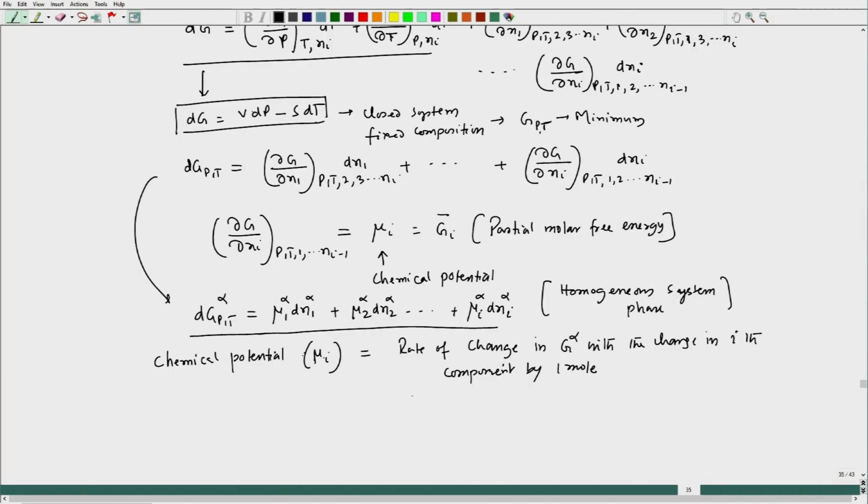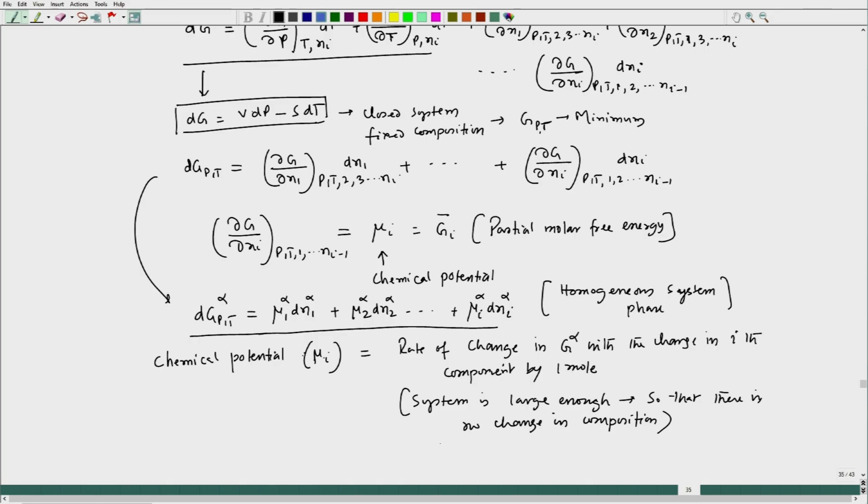So, that means here the system is large enough so that there is no change in composition. So, this should be kept in mind. This is the rate of change of the system free energy with the change in the ith component by 1 mole, that is the chemical potential.